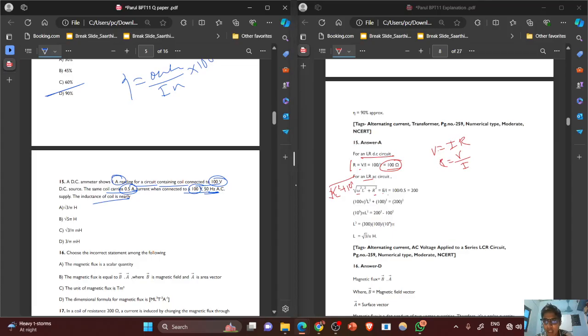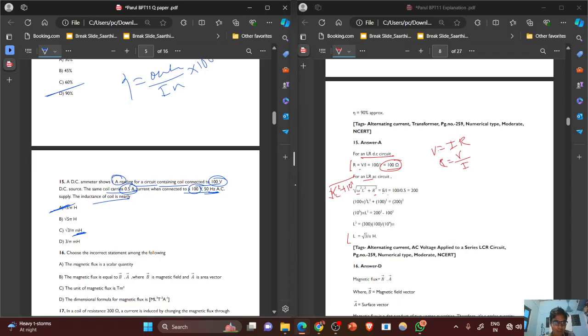You know the value of R from the other equation. Putting all the values and solving, you get L as root 3 by pi Henry. Option A. There is a millihenry option also, so don't be confused. Do the calculations properly. Option number A is the correct option.